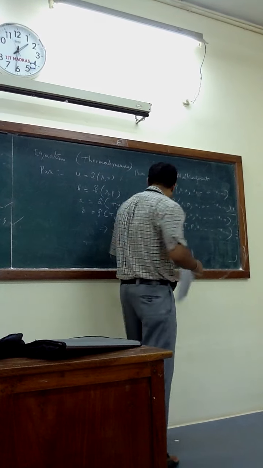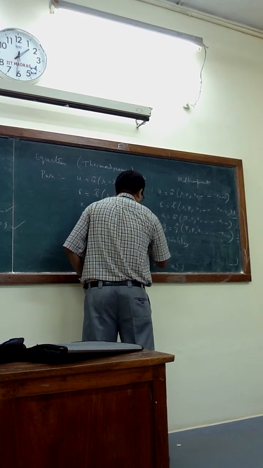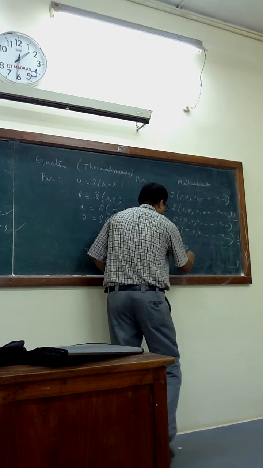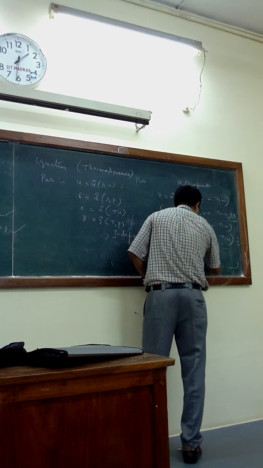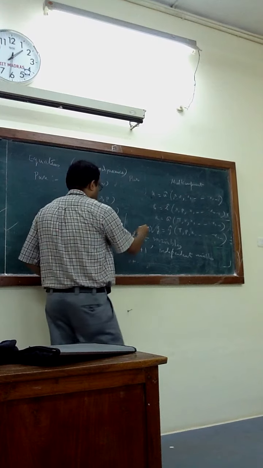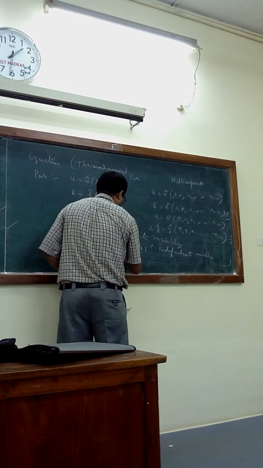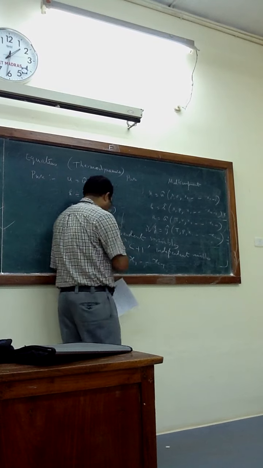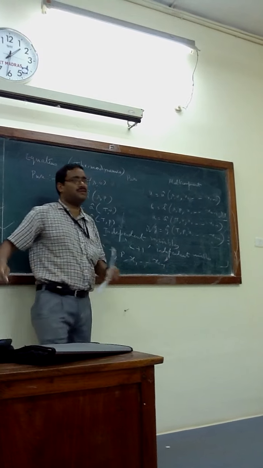So you have c plus 1 independent variables. If I take this one, the variables are P, x1 to xc minus 1. These are my independent variables in thermodynamics.